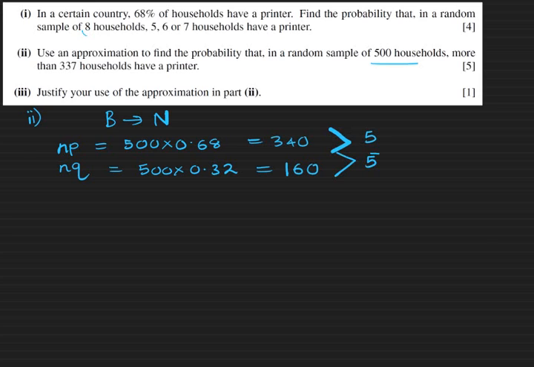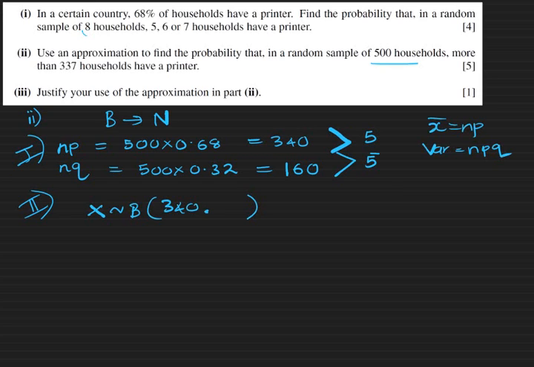Right. So this is stage 1. In stage 2 we can say the normal distribution will have the same mean and variance as the binomial one. For the binomial, the mean is np and the variance is npq. So np we have already found, it's 340. Then the variance will be 500 into 0.68 into 0.32.